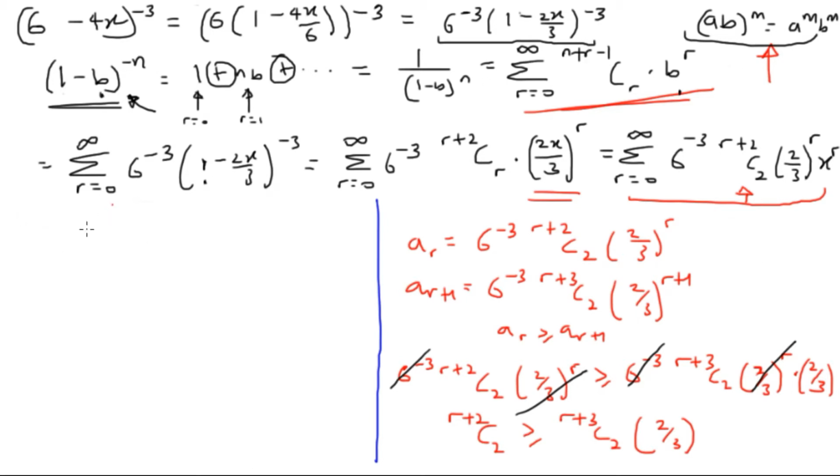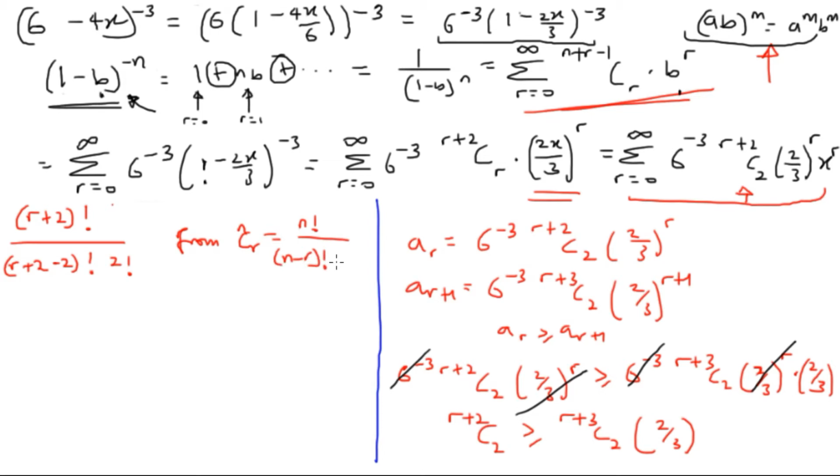Notice this formula. Anytime you have n combination r, it is equal to n factorial over n minus r factorial, then r factorial.